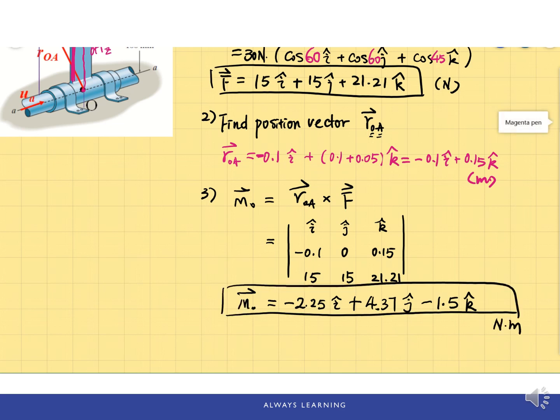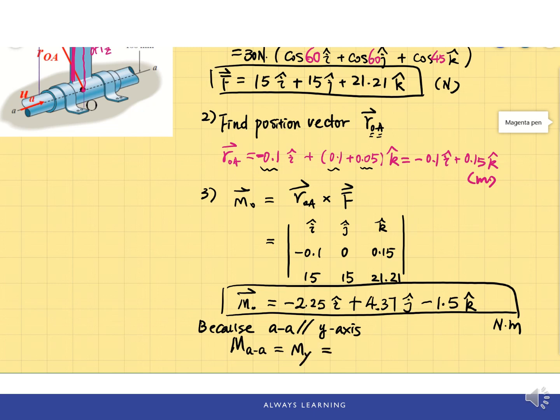If you noticed earlier, I converted all of the millimeters to meters already in the ROA step. So the last step would be, since we're looking for the moment about AA, and because AA is parallel with the y-axis, this moment in the AA direction actually is a moment about the y-axis.